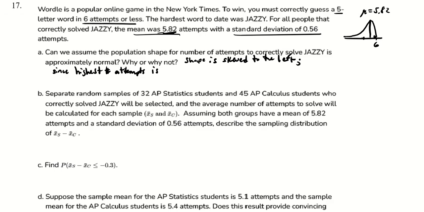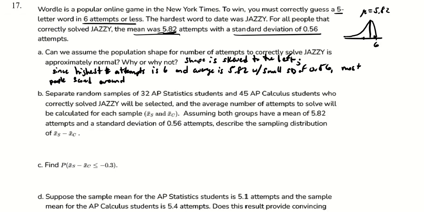And the average is 5.82 with a small standard deviation, 0.56. Most people scored around 5 or 6, and very few, a small amount.